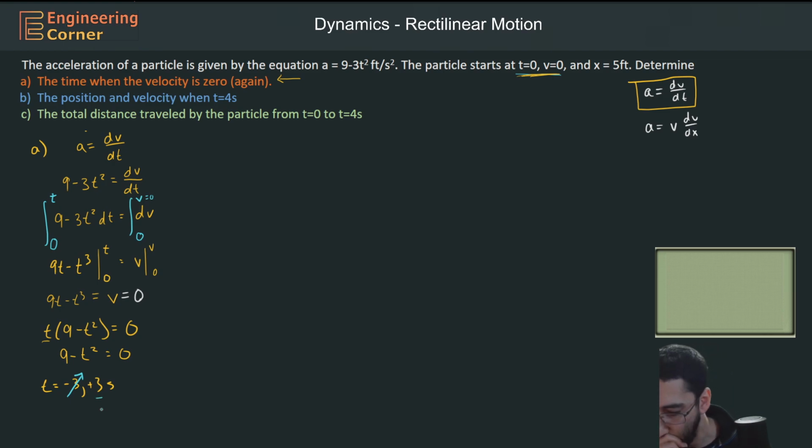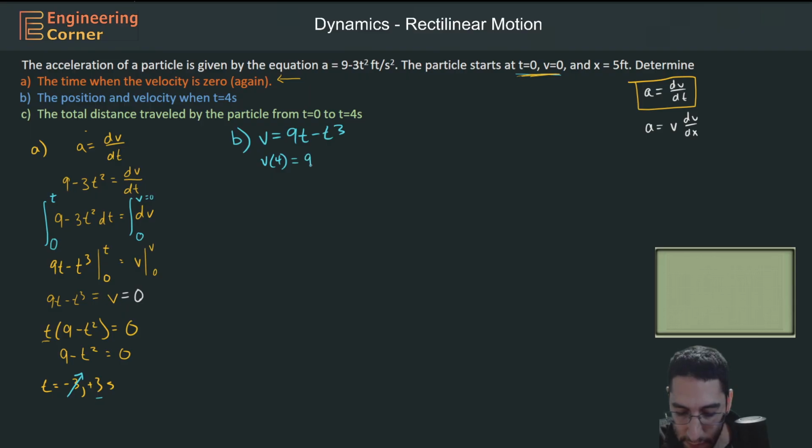So now we want to figure out the position and the velocity when t is equal to 4 seconds. Well, the velocity becomes very easy. We have that already. We have the equation for velocity. All we need to do is plug in a 4 for t. So we have our velocity is equal to 9t minus t cubed. All we have to do is put in a 4 for our time.